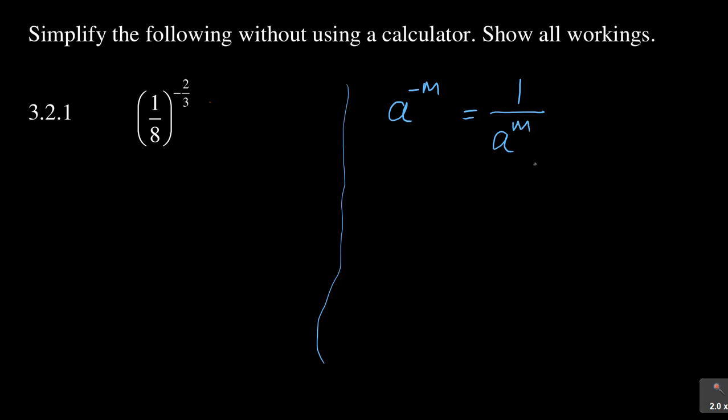Similarly, this law can be written in the other direction: if I'm given 1 over a to the power m, to remove the division line I must write a to the power negative m, and the exponent now becomes negative.